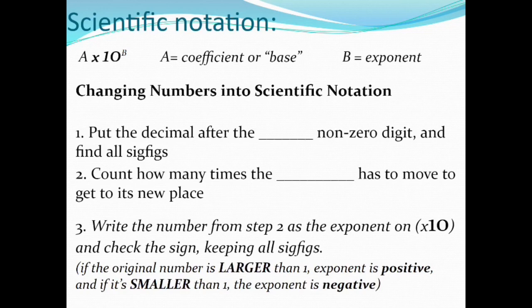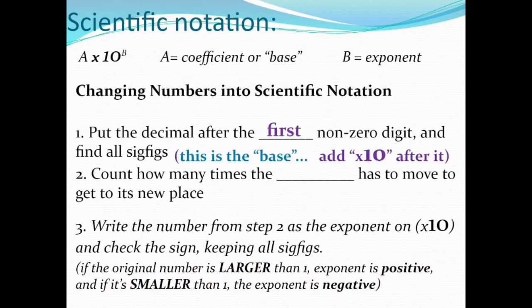So, in general, we're going to put the decimal after the first non-zero digit and look at the rest of the digits that we've got and only keep them if those are sig figs. So like I said before, we're going to be getting rid of any non-sig fig zeros.